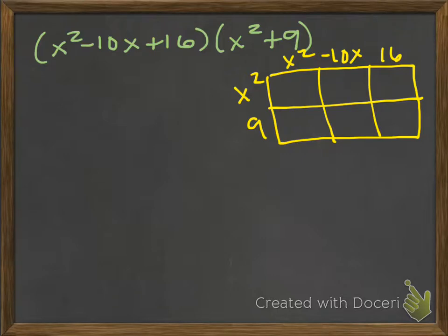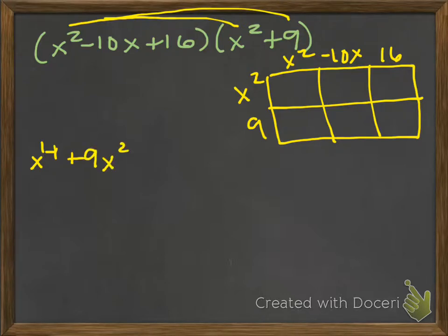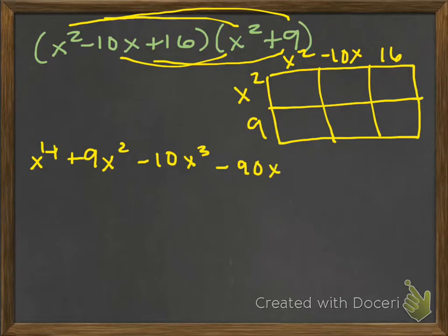So I'm going to start by distributing x squared to the x squared. So that's x to the 4th. And then we do x squared to the 9. So I have a 9x squared. Now I'm going to follow this process, but now I'm going to do a negative 10x to both. So negative 10x cubed. And then I'll have a minus 90x.